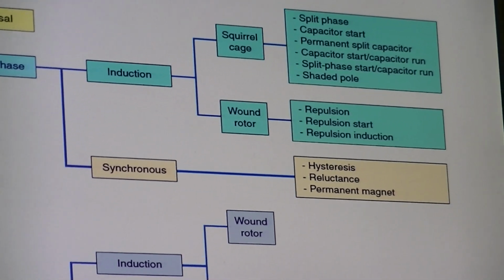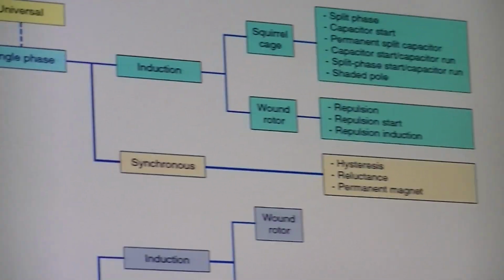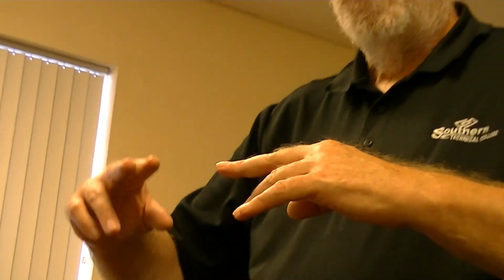When you have a single phase motor, since you only have one phase and it's constantly changing, it's going to sit there and go like this, but it never really gets started. Okay, so it needs a way of getting spinning. Once it gets spinning, it's cool.